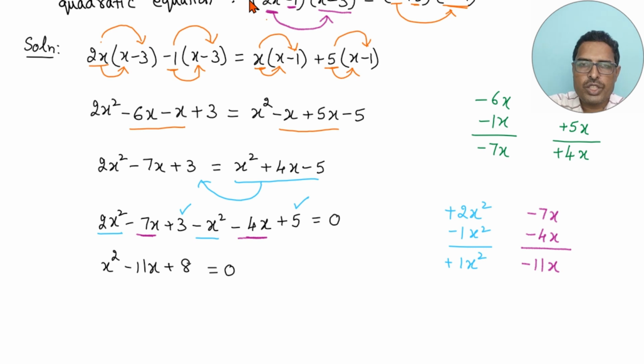Now is this equation a quadratic equation? We know that the quadratic equation is in the form of ax square plus bx plus c is equals to 0. Now if you compare, you can see that the a value over here represents 1. The b value represents minus of 11. The c value represents 8.